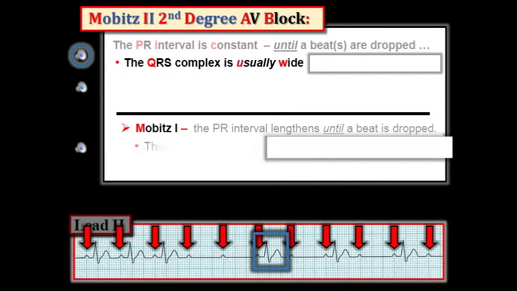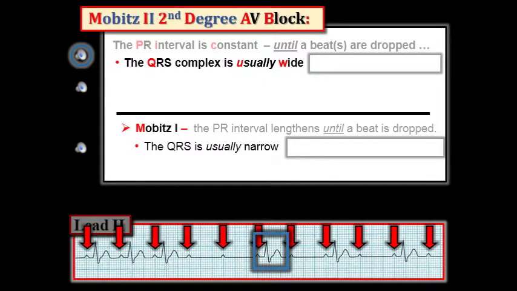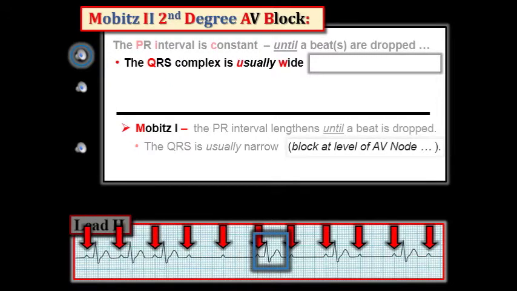This is in contrast to Mobitz 1, for which the QRS complex is most often narrow unless there is pre-existing bundle branch block. This is because the block with Mobitz 1 generally occurs at a higher level in the conduction system, usually around the AV node, whereas with Mobitz 2 the block occurs lower down, so the QRS complex will almost always be wide.